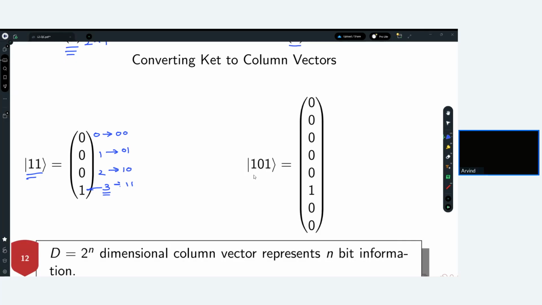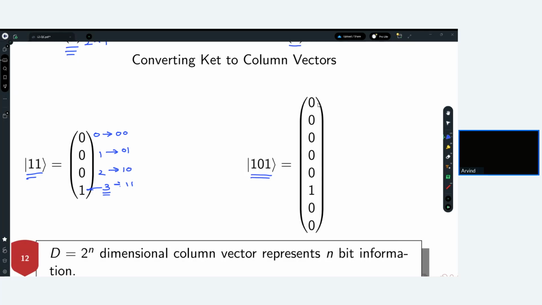Similarly, in another example, we will read it as Ket 1 0 1, and we need to represent this state. We need 8 rows now.